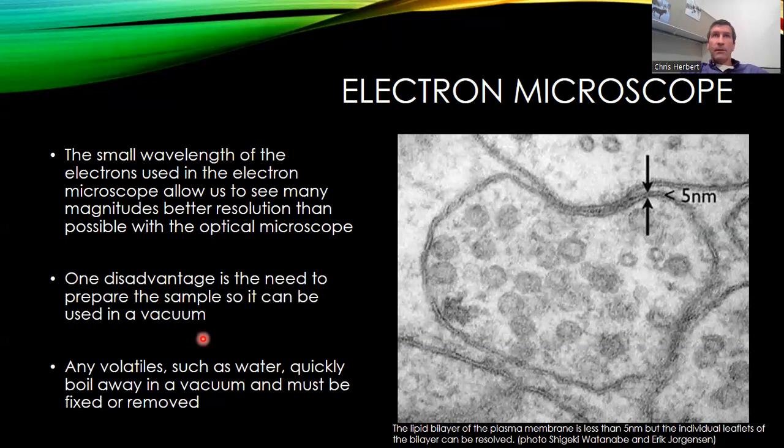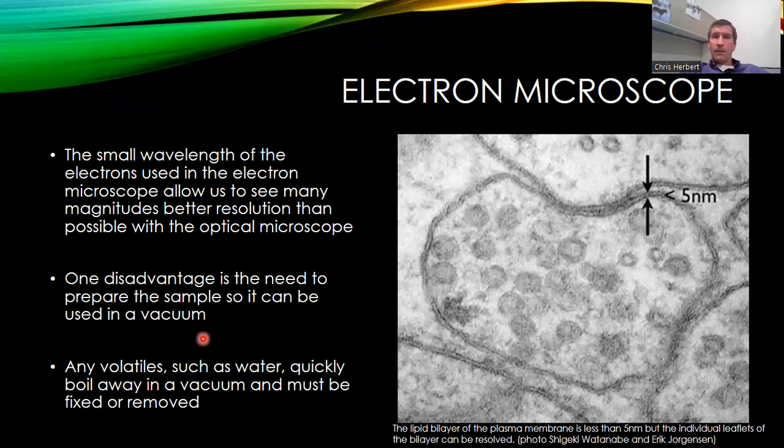So we either have to dehydrate these samples to be placed in a vacuum, so they're not going to give off any volatiles. But another technique is to operate these at very, very low temperatures where the vapor pressure of any of the volatiles is extremely low and it can actually survive a vacuum.